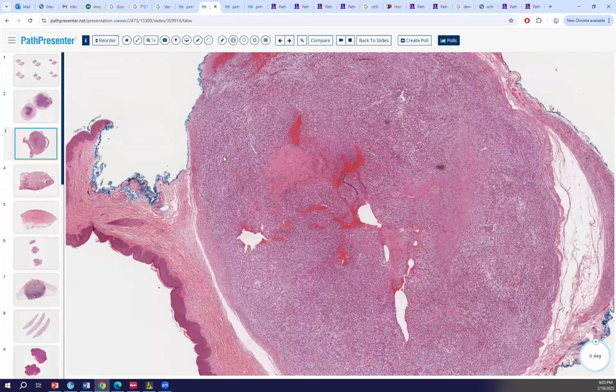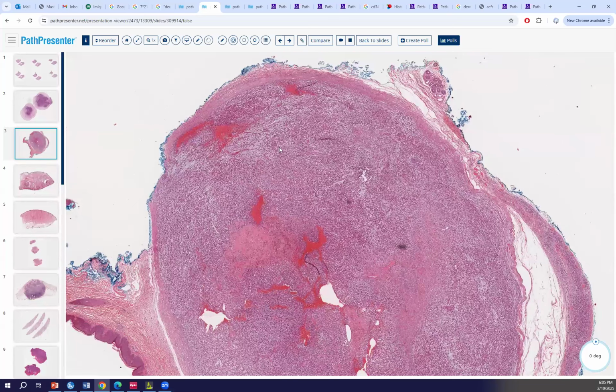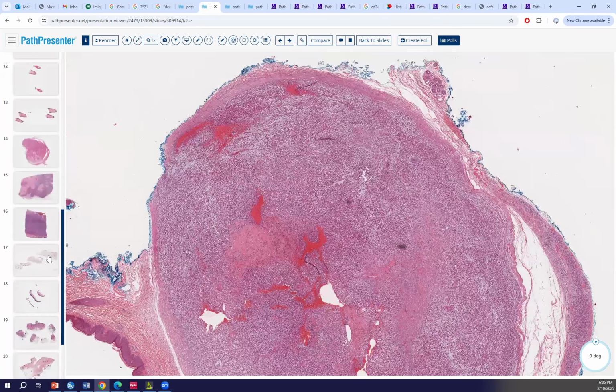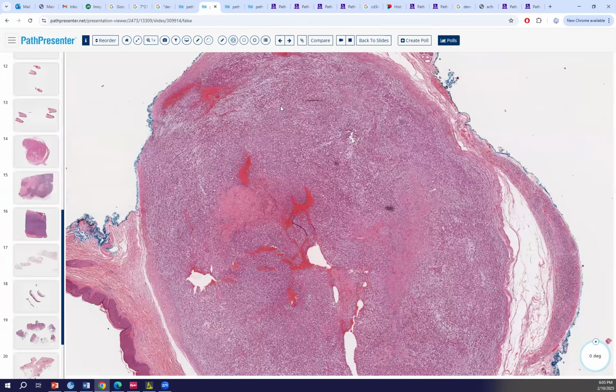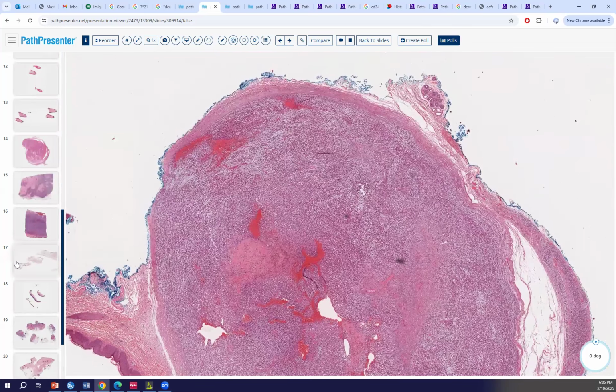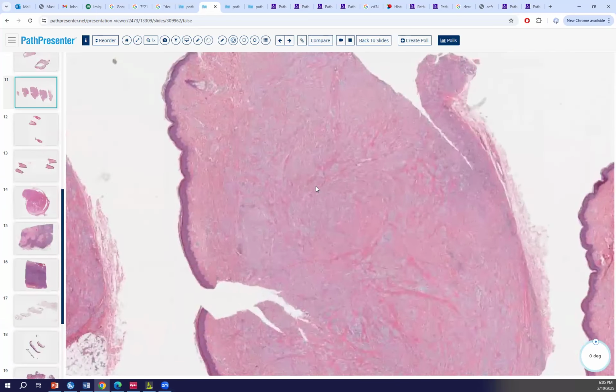Avi, the cellular neurothekeoma has these epithelioid-like cells. Sure they do, but do they even have a capsule? No, they don't have a capsule. What do you think this thing is?